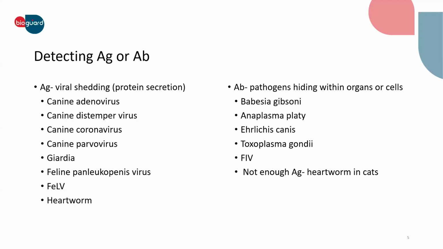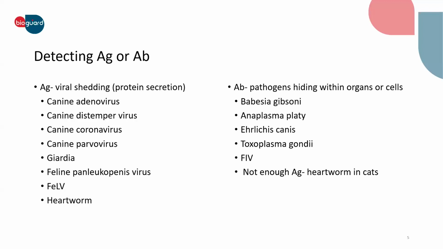Instead, if a cat is infected with heartworm, sometimes there may be only 2, 3, or even 5, 6 heartworms that become adults and reside inside the heart. Sometimes it's even only a single female or male heartworm.